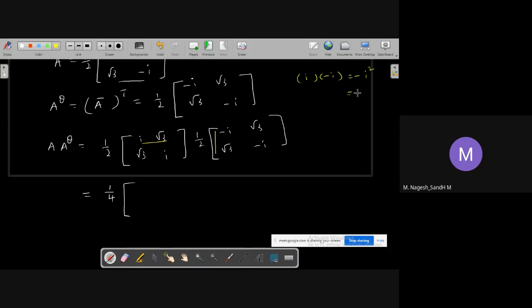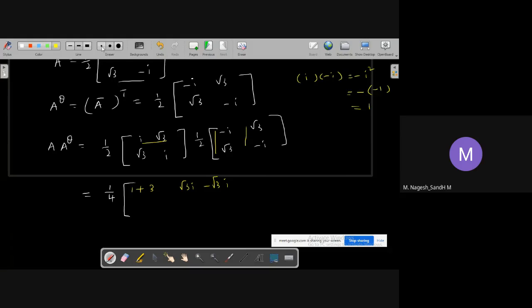This minus stays, I square is minus 1, so that is nothing but 1. So this value will be 1. Root 3 into root 3 is 3, so the first entry is 4. Next, first row into second column: I into root 3 is root 3 I; root 3 into minus I is minus root 3 I.